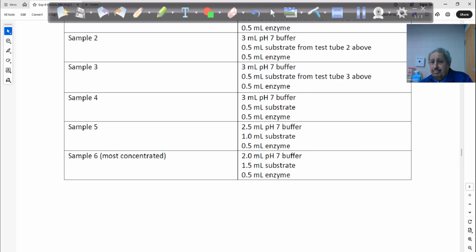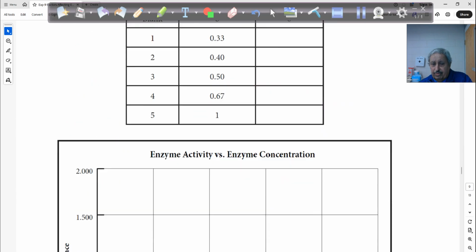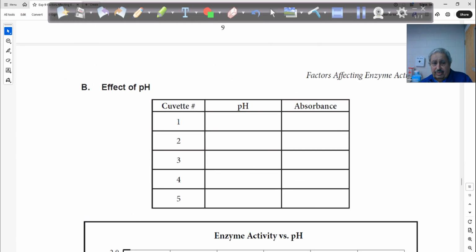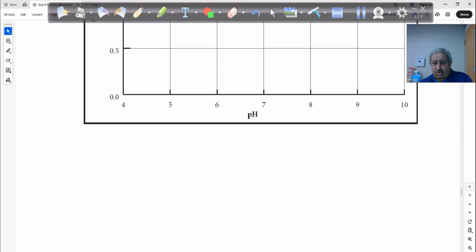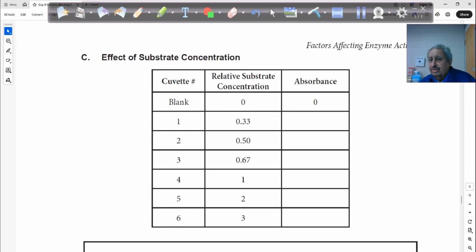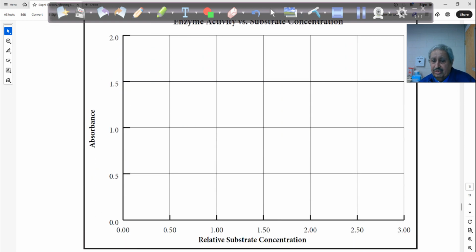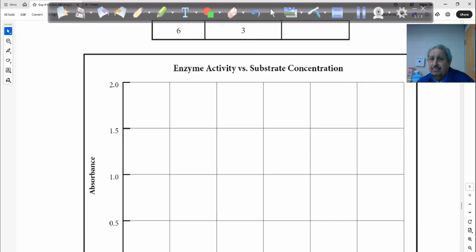You measure the pH of those, and then you will come here and enter your values here. This is relative substrate, those are the concentrations given to you. Okay, this is the concentration. You just record the absorbance.